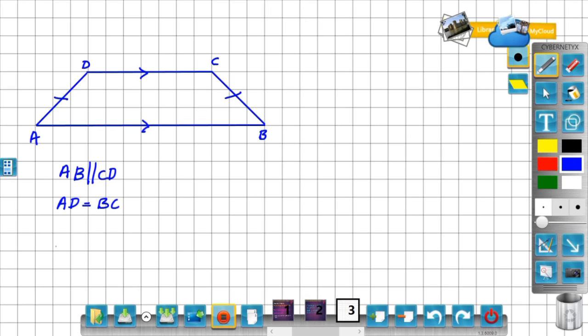In isosceles trapezium, base angles are equal. Base angles means angles standing on the parallel sides.